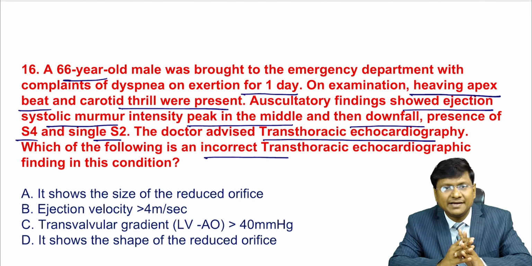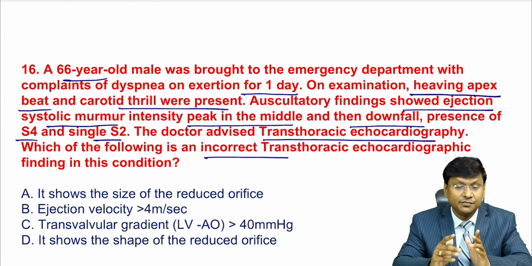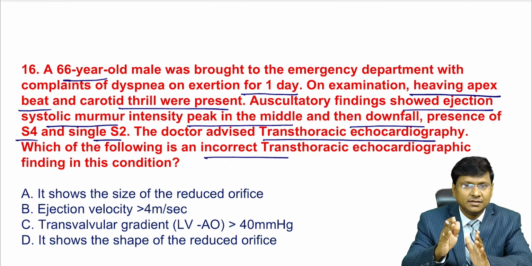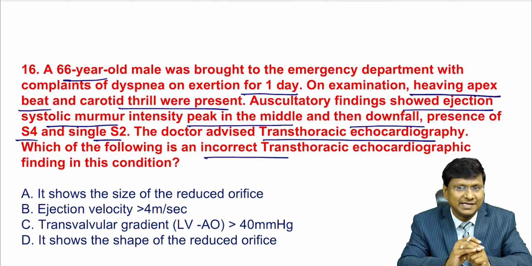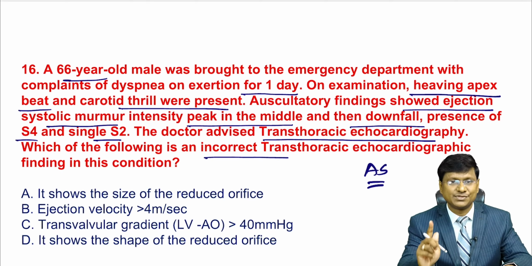So if you take this entire clinical picture, a 66-year-old male presenting with dyspnea on exertion, a heaving type of apex beat and carotid thrill, and auscultation showing an ejection systolic murmur peaking in the middle with S4 and single S2, all these points are suggestive of aortic stenosis.